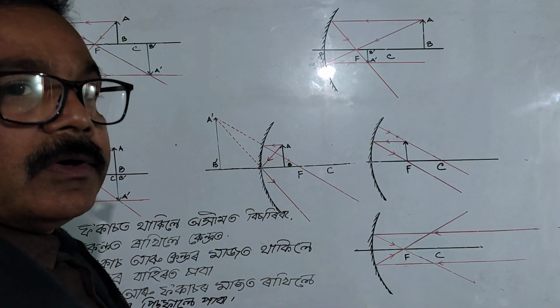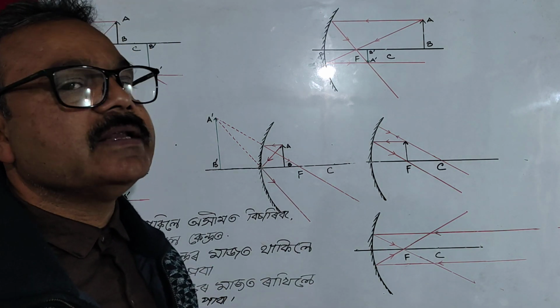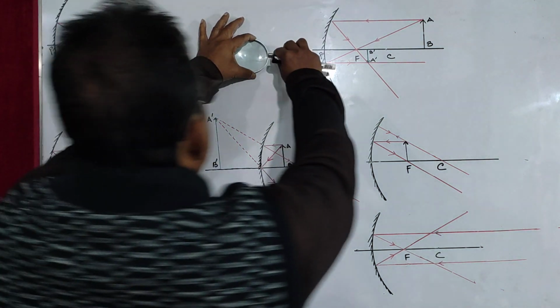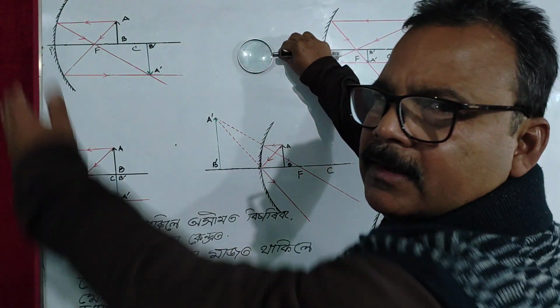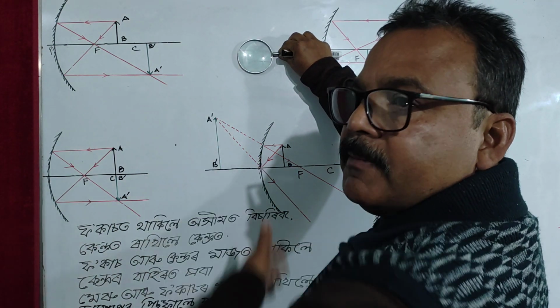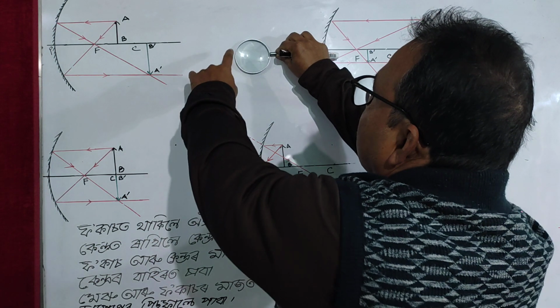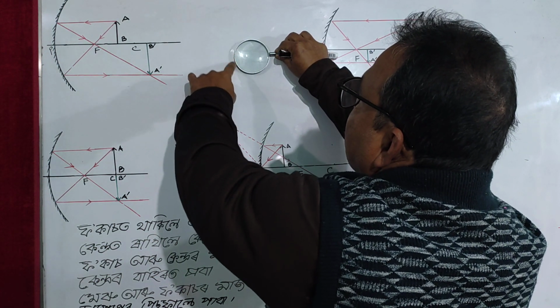After drawing the mirror, you have to find out the pole and center of curvature. As for example, suppose this is the circle. Here you have to think of it as a circle because in a two-dimensional plane you cannot draw the sphere. Now suppose this is your curved mirror, concave mirror.